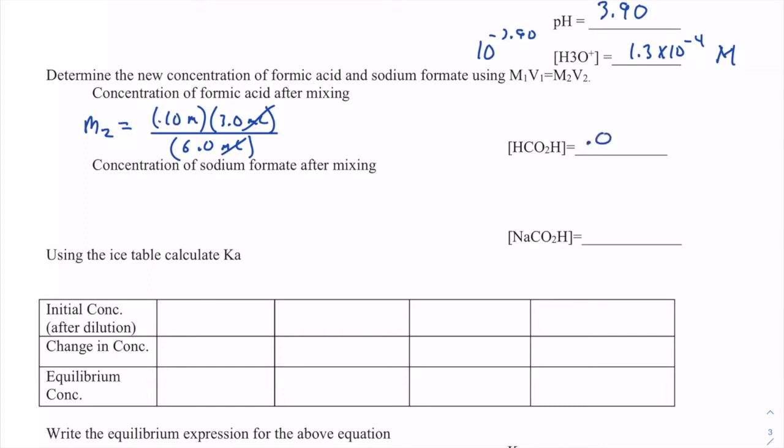So our concentration of our acid is 0.050 molar. Again, let's review. We've got 2 sig figs after the decimal place here, and 2 sig figs there. So we're being consistent. The common ion, the sodium formate, is going to be the same.